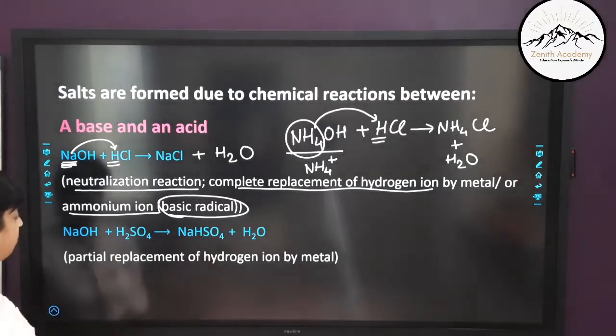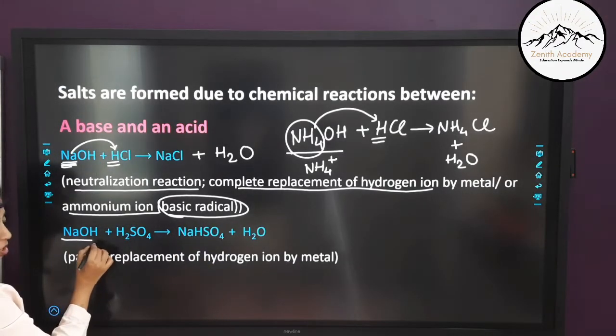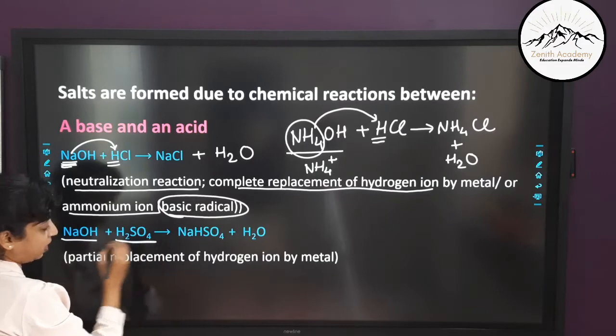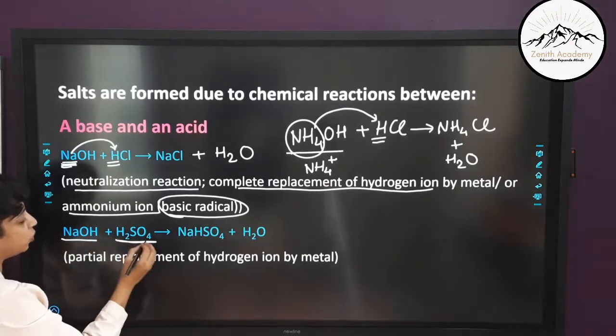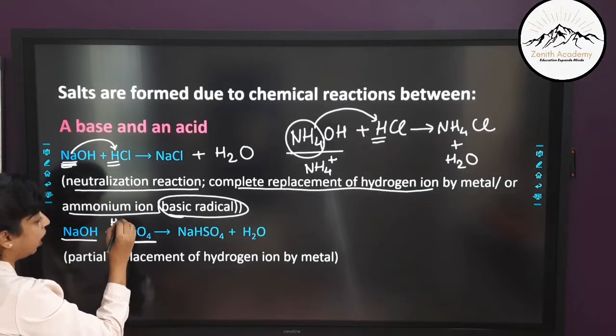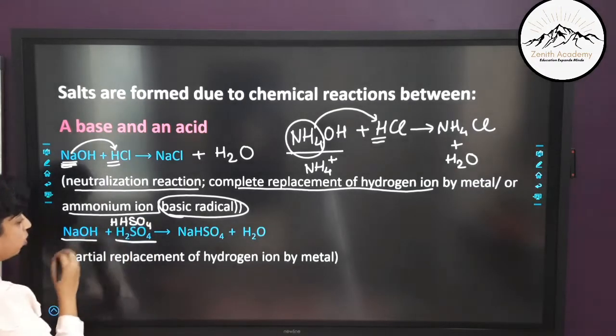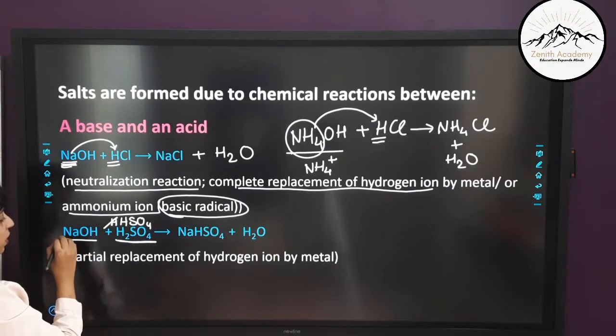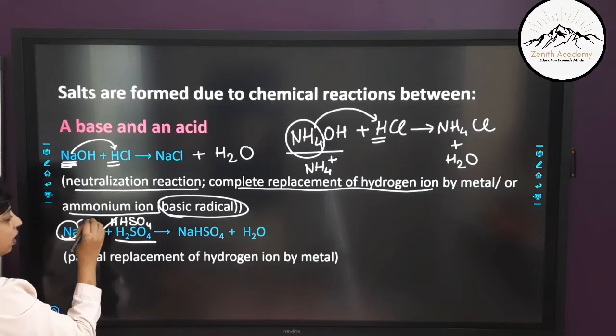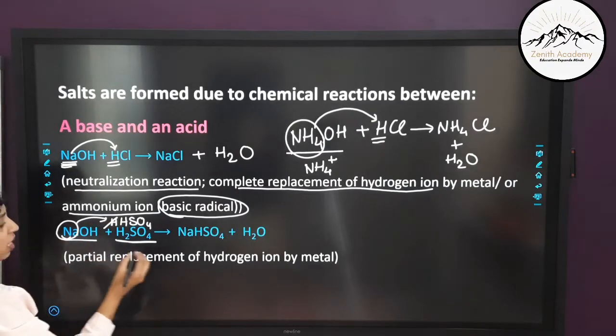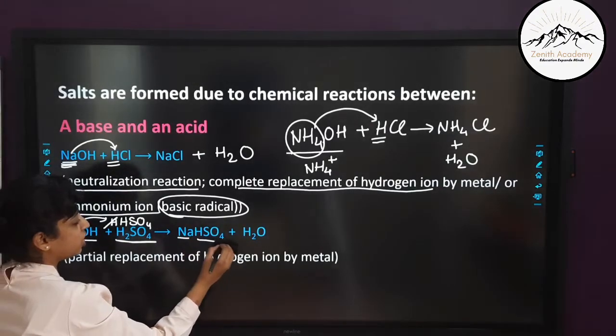Now in this example you can see sodium hydroxide and sulfuric acid. Here there are two hydrogens, 1 and 2, and then sulfate. So if one hydrogen is replaced by this metal ion, that is cation, then we will form NaHSO4.